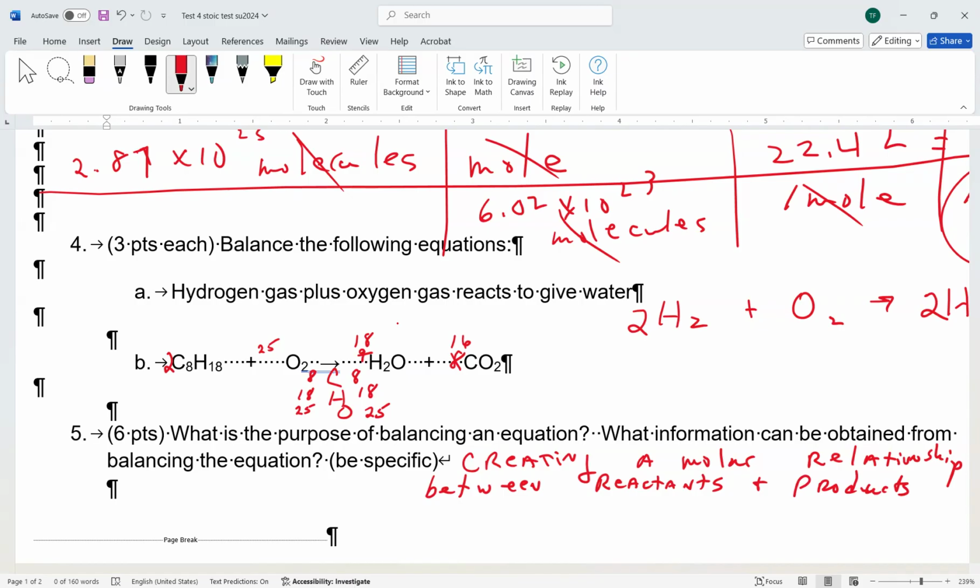Now, it could be 1, 1, 1, 1. That's fine. But you have to verify that 1, 1, 1 is in fact balanced or not.